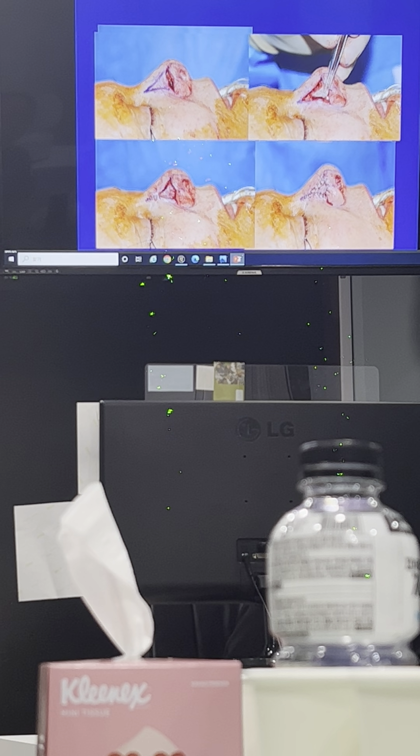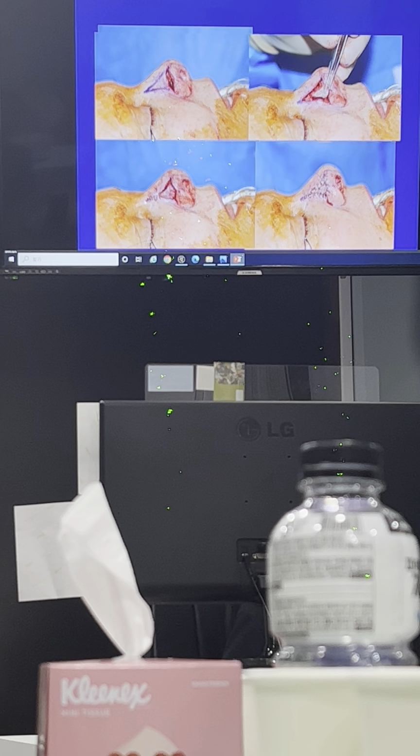Using this flap, I push down the alar rim caudally. After that, I suture this defect from the top of the triangle. Just push down, push down.